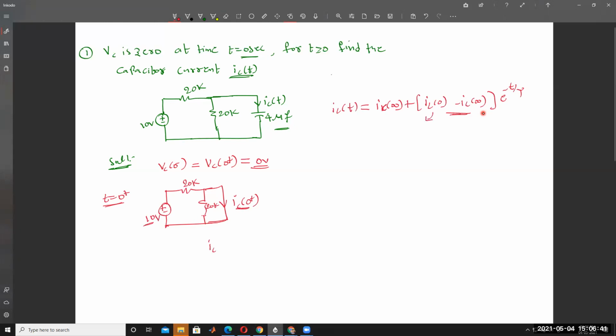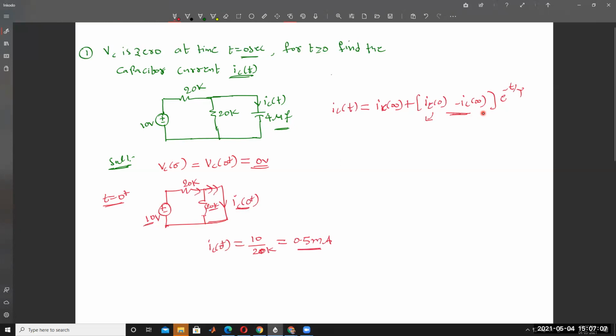That's why 10 divided by 20k is equal to 0.5 milliamps. So IC of 0 plus is equal to 0.5 milliamps.